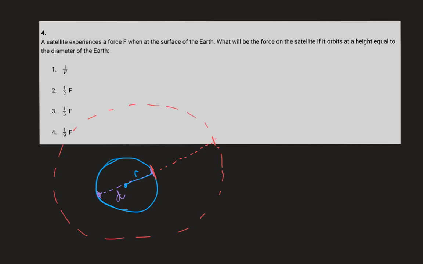So that's where the satellite is. It's 1 diameter away. So what's actually happening here is that the diameter of the Earth is twice the radius.